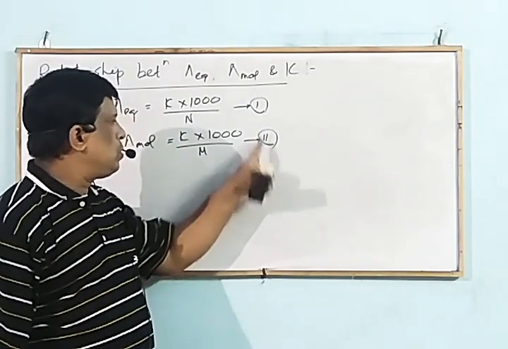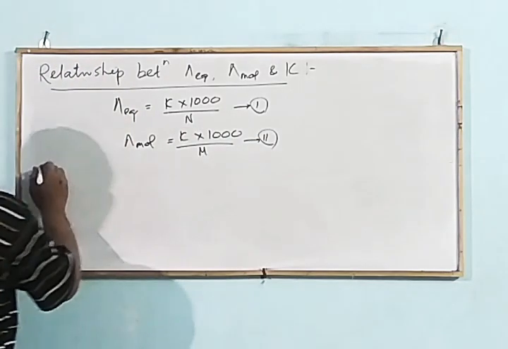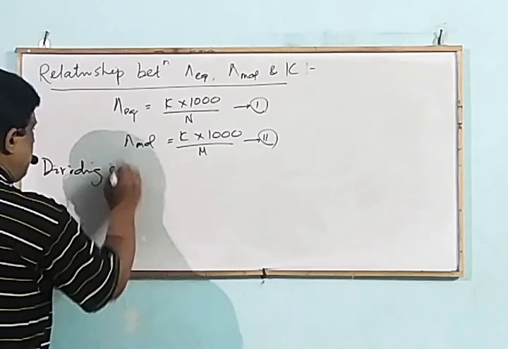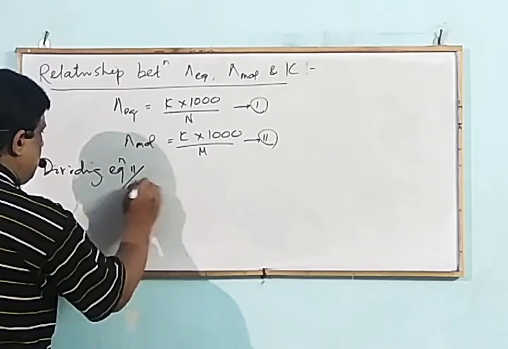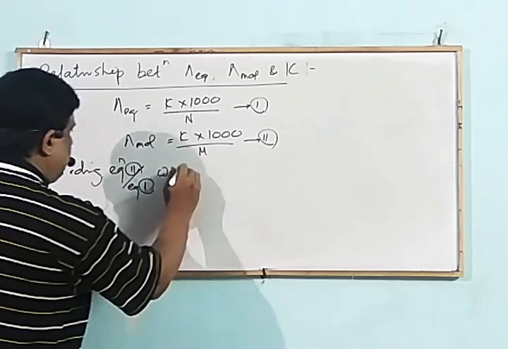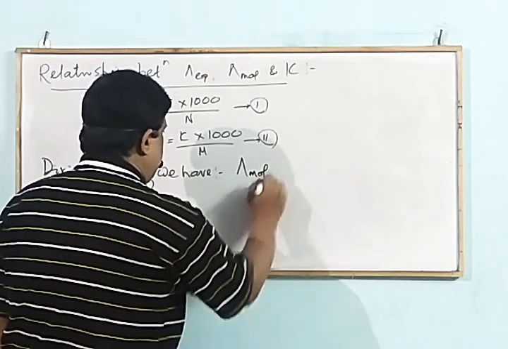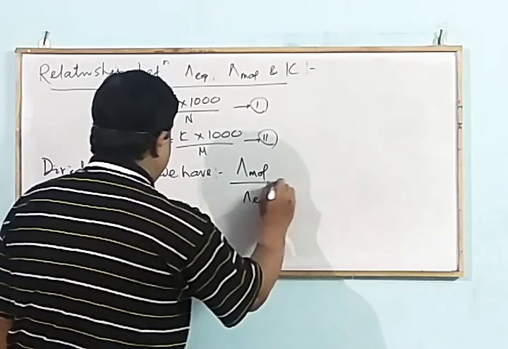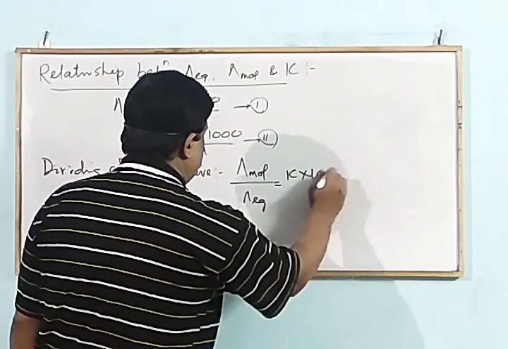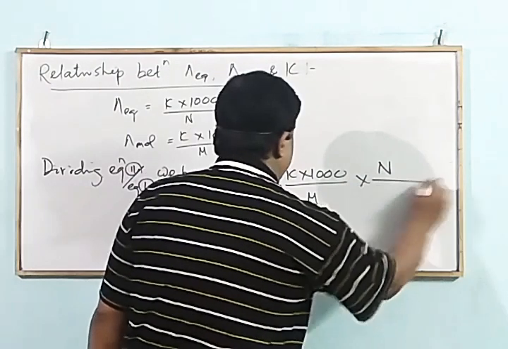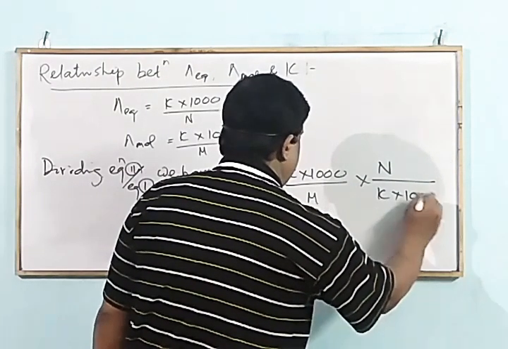So dividing equation 2 by equation 1, mark that, we have molar conductance by equivalent conductance is equal to kappa into 1000 by M into N by kappa into 1000.